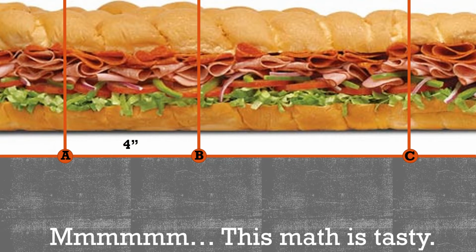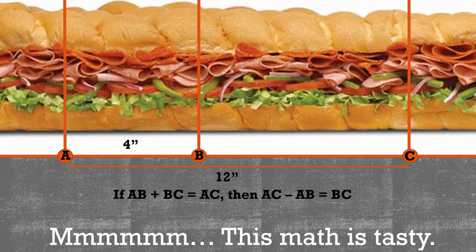Now, imagine that we know that the length from A to B is 4 inches, but then we are not given the length of the second sub. Instead, we're given the length of both subs from A to C. So take a look at this.